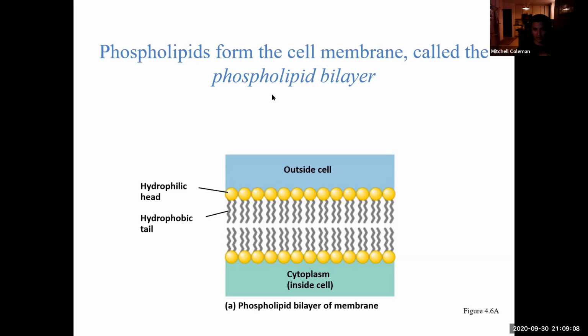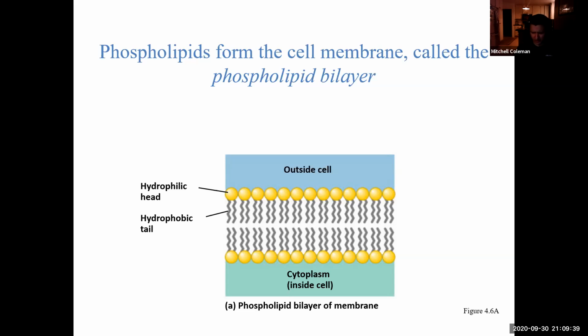Yet another term for the cell membrane or plasma membrane is the phospholipid bilayer, because it's composed of phospholipids and there are 2 layers of them. Bi means 2, so 1, 2. The cell membrane is a phospholipid bilayer.